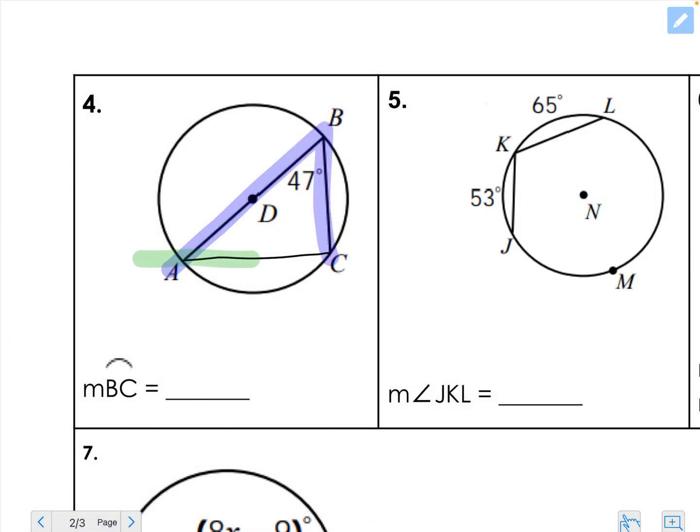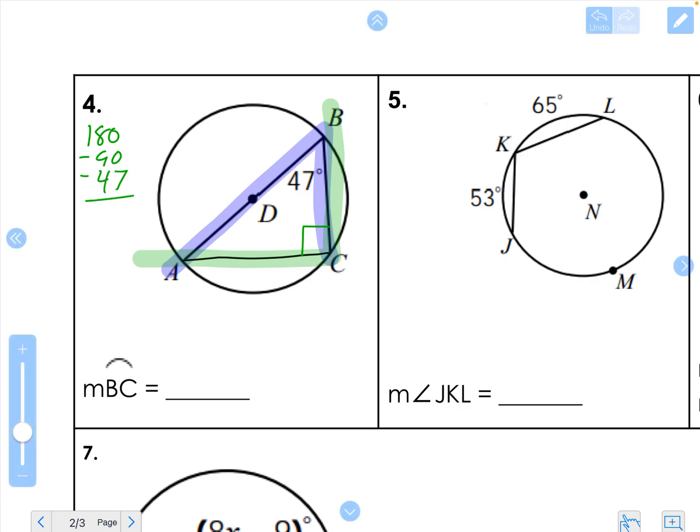We have angle ACB, which intercepts a diameter, which tells me that angle ACB is 90 degrees. And so if I know that ACB is 90 degrees, I now have a right triangle, ABC. So I can simply go 180 minus 90 minus 47, which should get me, I believe, 43 degrees. So this angle here is 43 degrees.